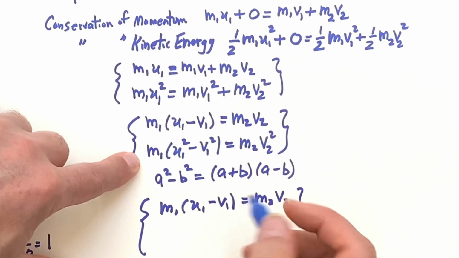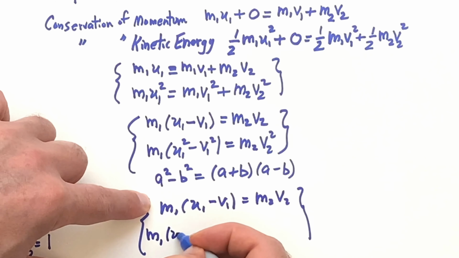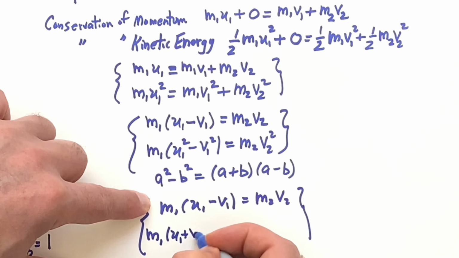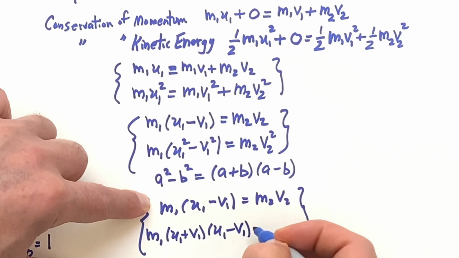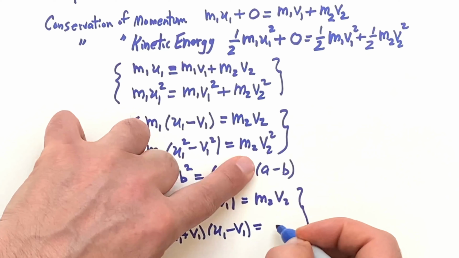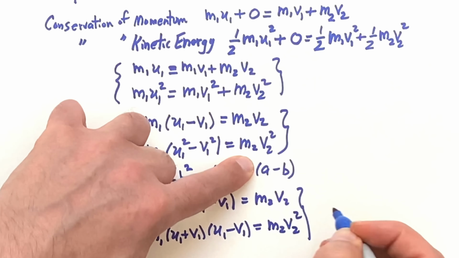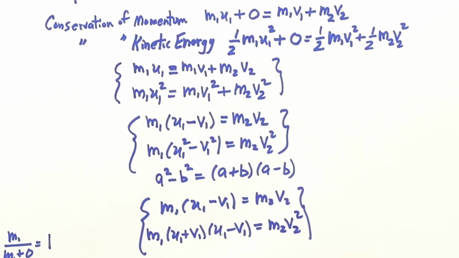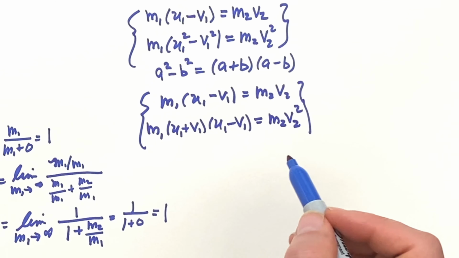And then for the second equation, we're going to have M1, we're going to have U1 plus V1, and then U1 minus V1, and that's going to equal M2 V2 squared.